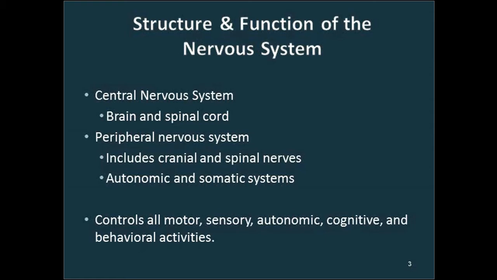Another important thing for you to be familiar with when we talk about the nervous system is the blood-brain barrier. This is a protective function that prevents big molecules circulating in the blood or plasma from entering the central nervous system.